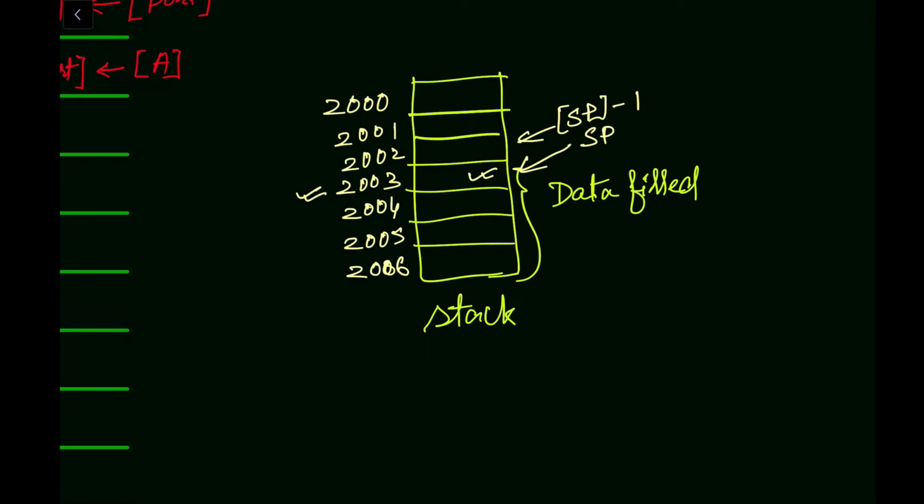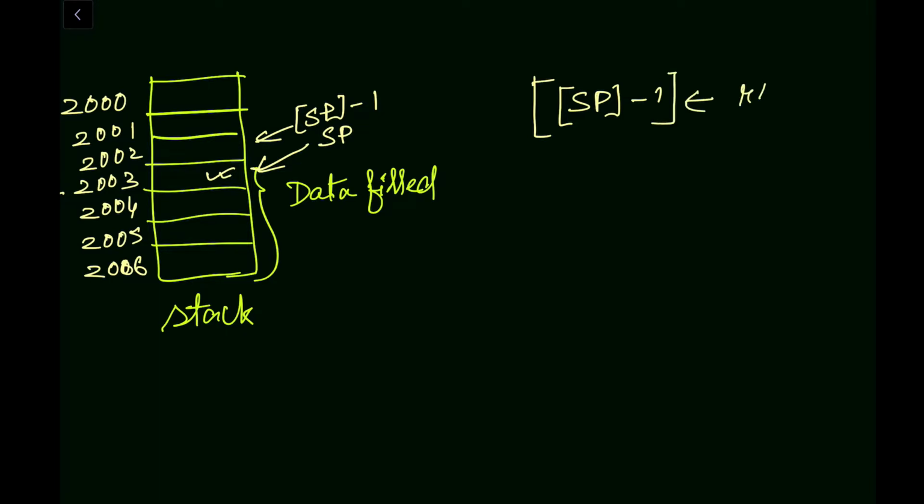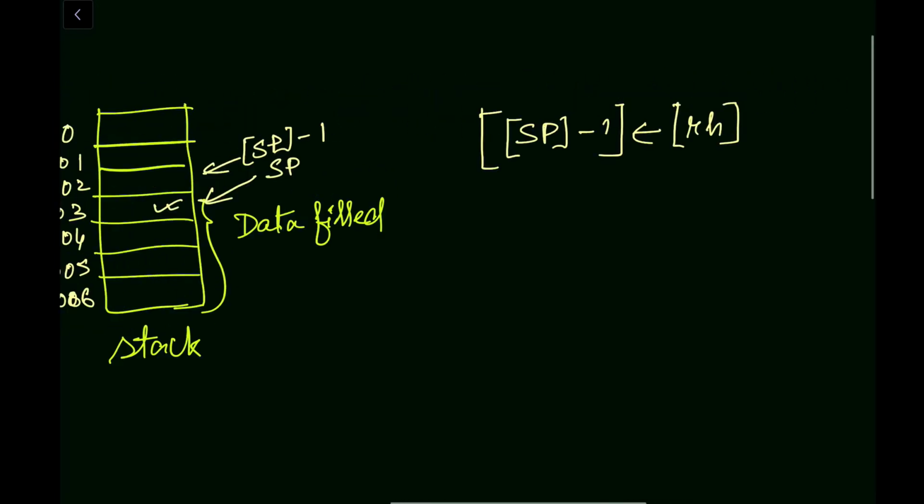Okay, so whatever the content of the higher order register pair bits, that means the 8 bits in the higher order byte, will be moved into the stack pointer -1. So let me write down here: at stack pointer -1, the register pair higher order data. RH here means register pair higher order data. Let me give you one example.